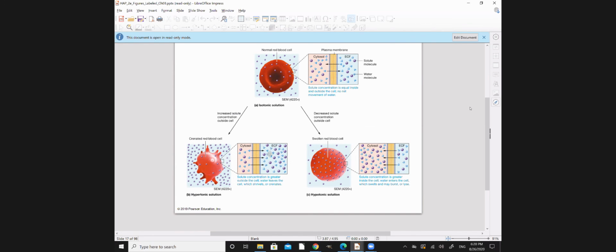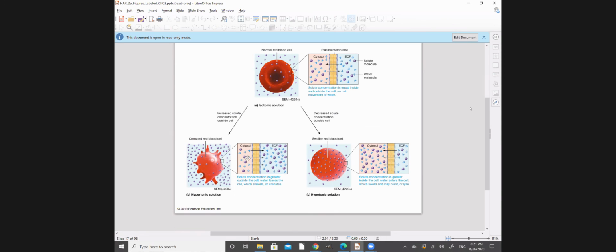But if the extracellular fluid, ECF, has a concentration of solution much higher than inside of the cell, for example, seawater, very salty, or some high percentage of glucose, like 10%, what will happen? We have more water within the cell, right?